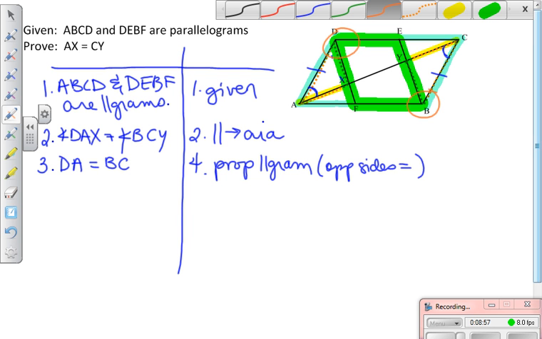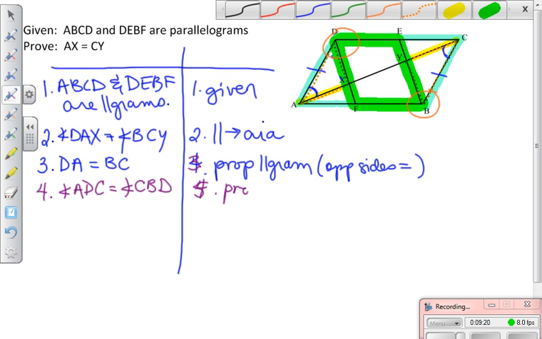One of the things I'm given is that ADCB is a parallelogram, which means that the big angles, angle ADC is equal to angle CBD by properties of parallelograms. Opposite angles are equal. So I know the big angles.